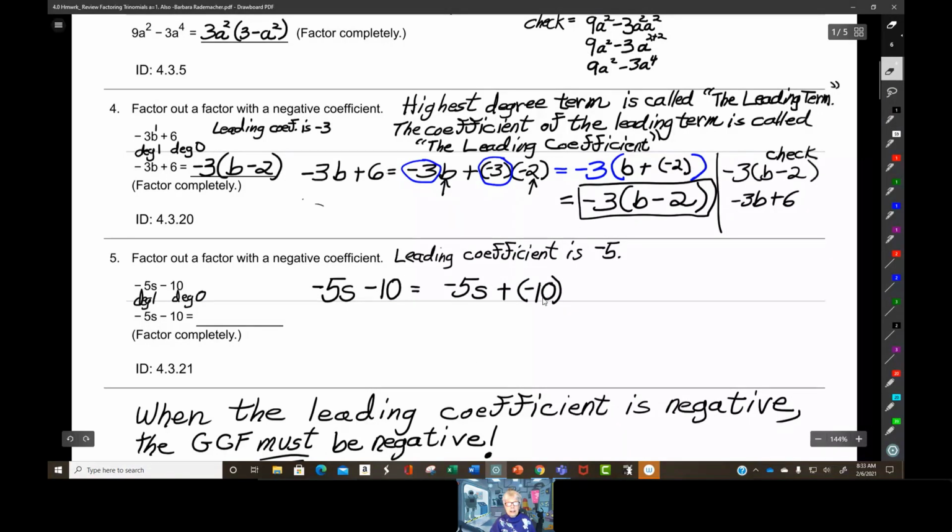I need to find a negative 5 in here to be able to pull it out with this negative 5. There is a negative 5 in there. Negative 10 equals negative 5 times 2. That's what I'm going to write next.